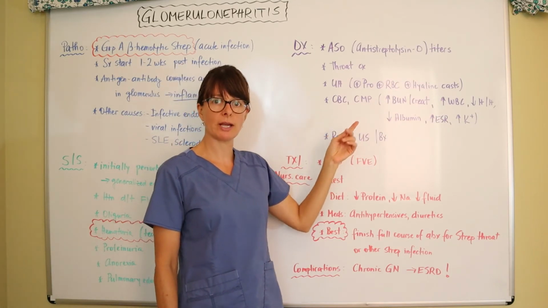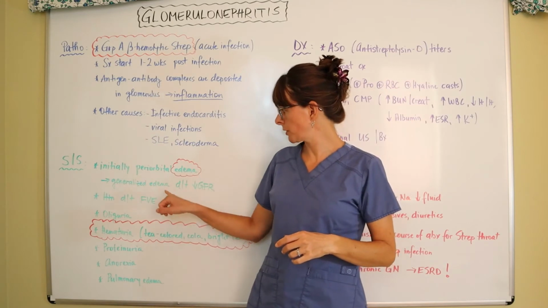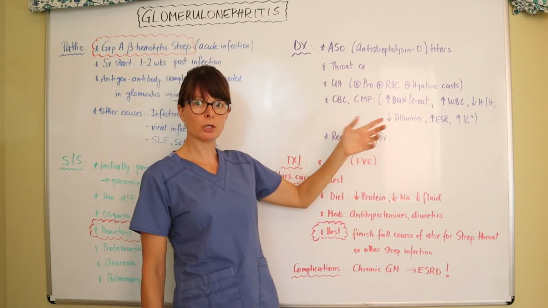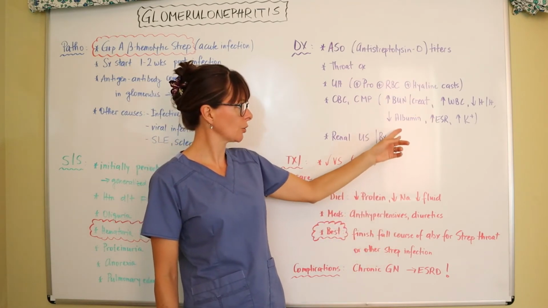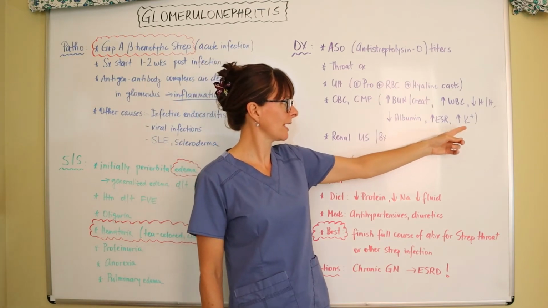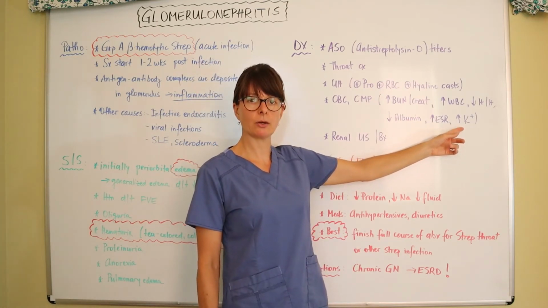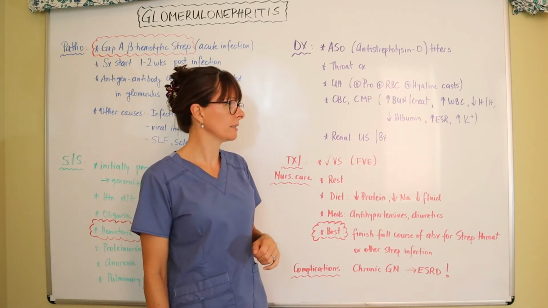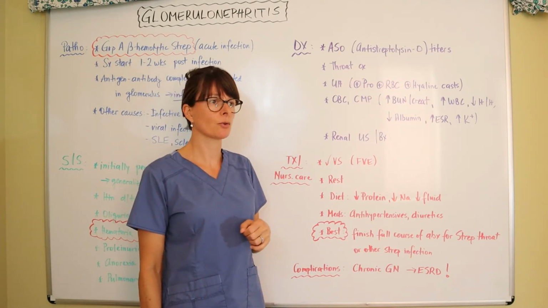Plus we have hemodilution because of the fluid volume excess that we're dealing with here. And then there will be low albumin because we're spilling all that protein in the urine. ESR, so inflammation, will be increased, and then certainly hyperkalemia can occur, as we know can happen whenever there's damage to the kidney, so when the kidney is under duress.